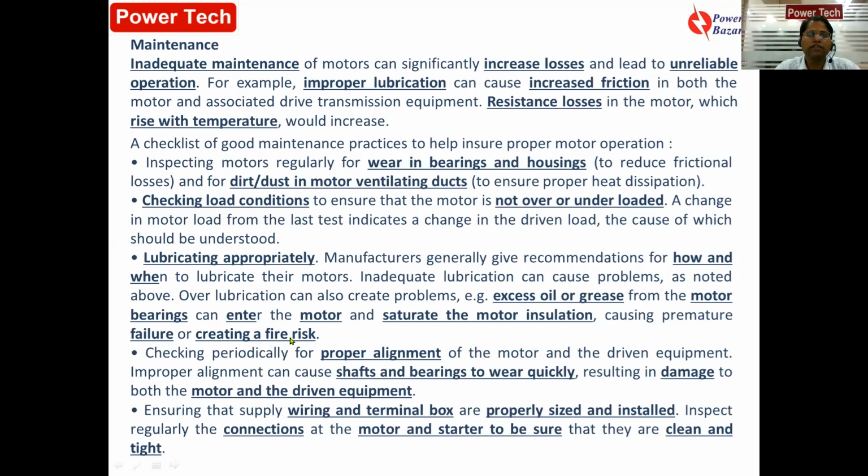Also in industries, the lubrication is done by the ITI or the field staff or the technicians. So they also need to be properly trained on how much lubricant has to be applied for which type of motor. Particularly, I can share an example for any energy audit. Lubrication study is also one of the important parts.